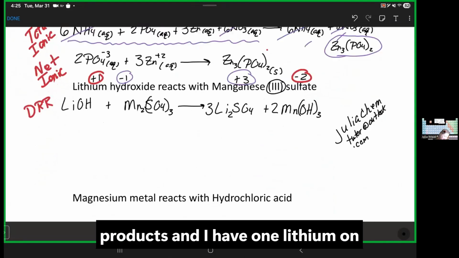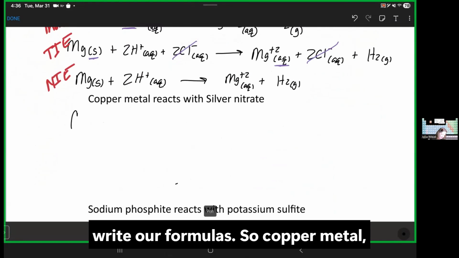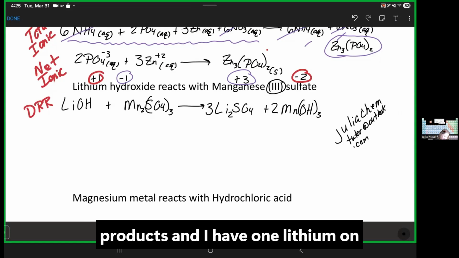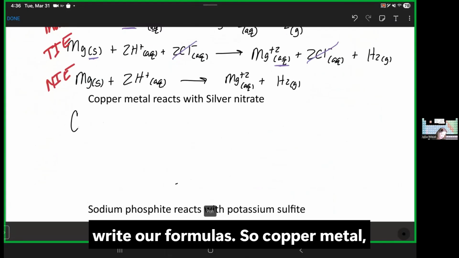Over here on my products, I have a solid and a liquid. Neither one of them is going to split because we only split strong aqueous. So those come down exactly like they are. Now if we identify our spectators, nothing is a spectator.